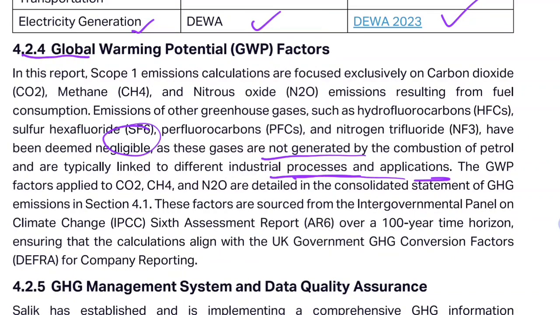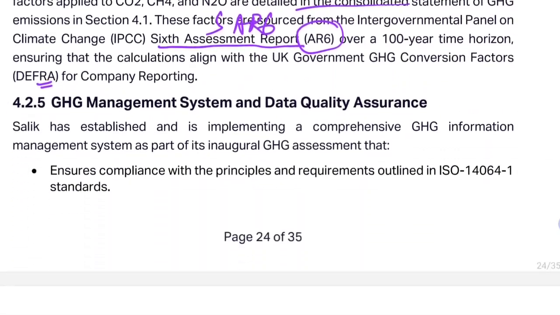The GWP factors applied to carbon dioxide, methane and nitrous oxide are detailed in the consolidation statement in section 4.1, which we discussed earlier. These factors are sourced from the Intergovernmental Panel on Climate Change (IPCC) 6th Assessment Report, AR6, over a 100-year time horizon, also ensuring that the calculations align with the UK government's GHG conversion factors as per DEFRA for company reporting purposes.